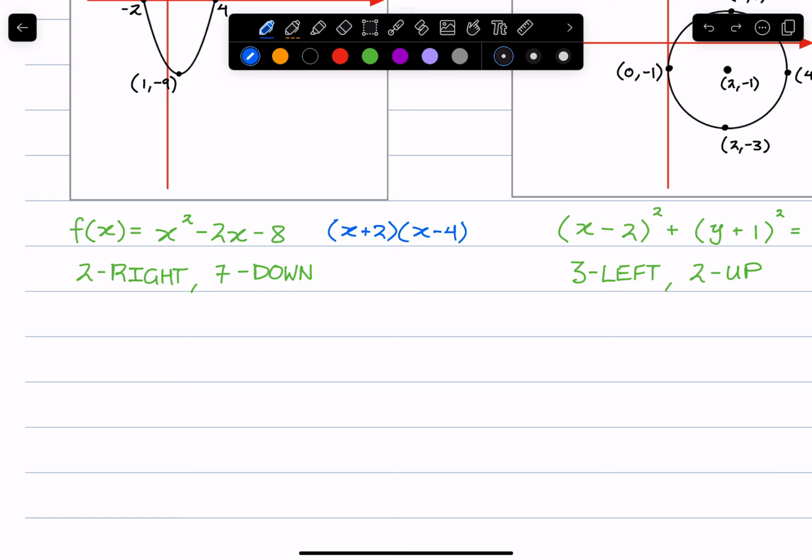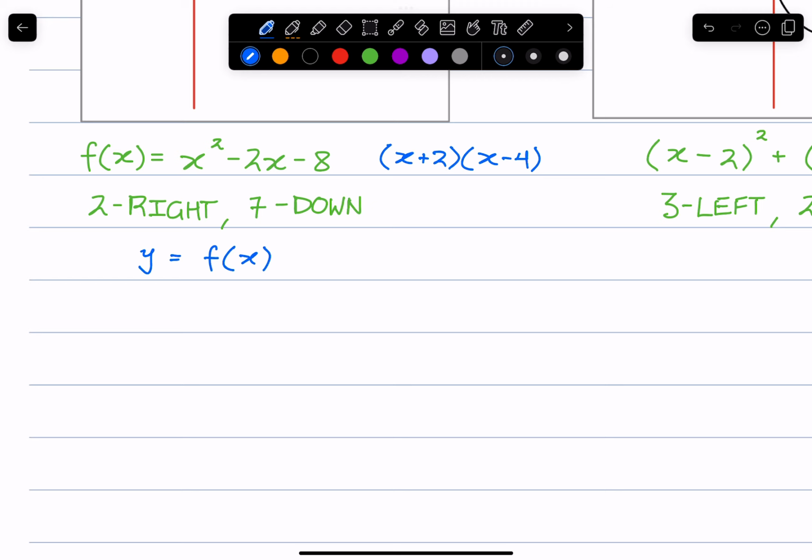And now, rather than working in this form, let's start getting used to this form of y equals f of x. Now, if we want to do a translation 7 units down, we would substitute that into y. So it would become y plus 7. So there is our 7 units down.